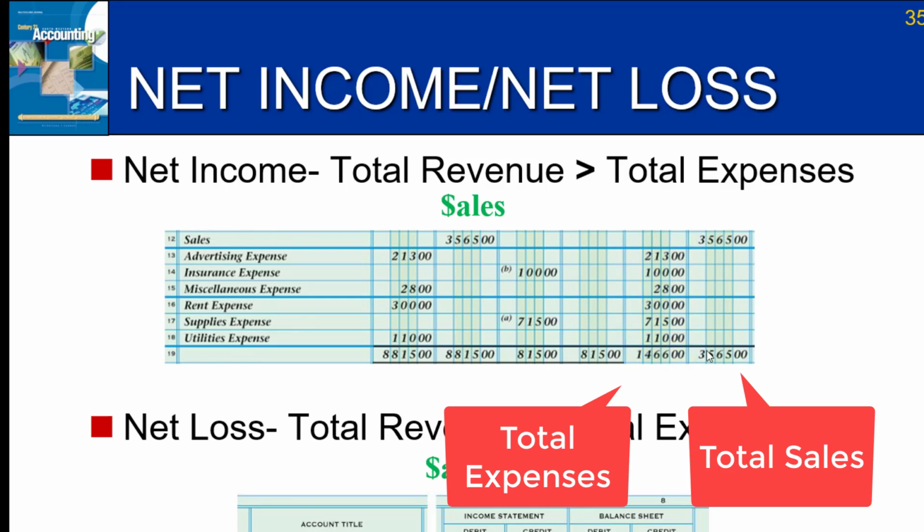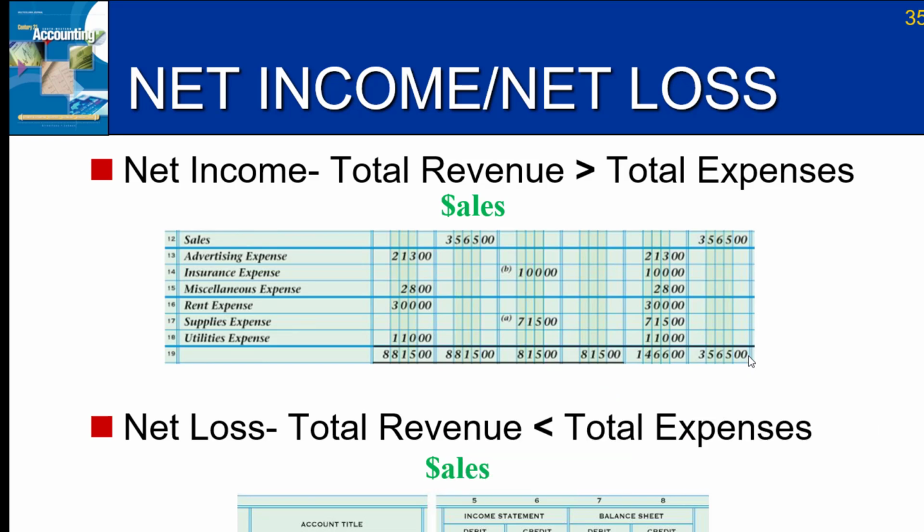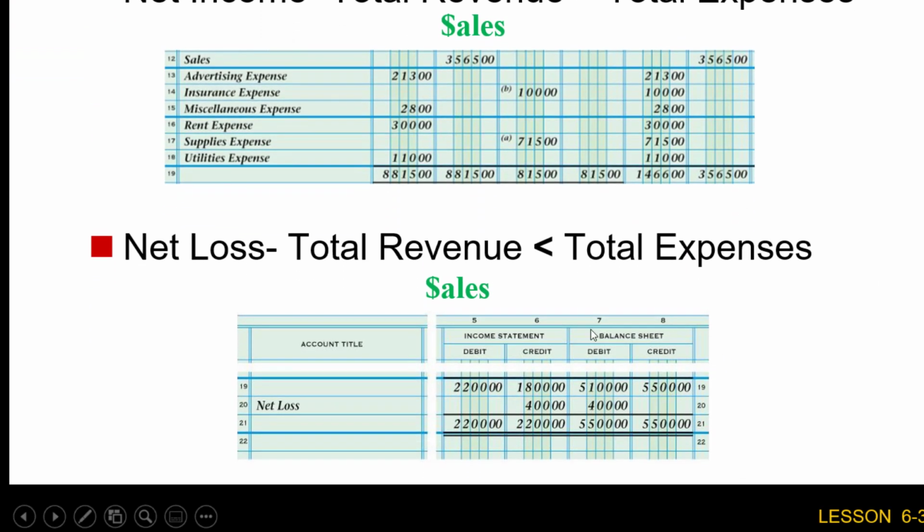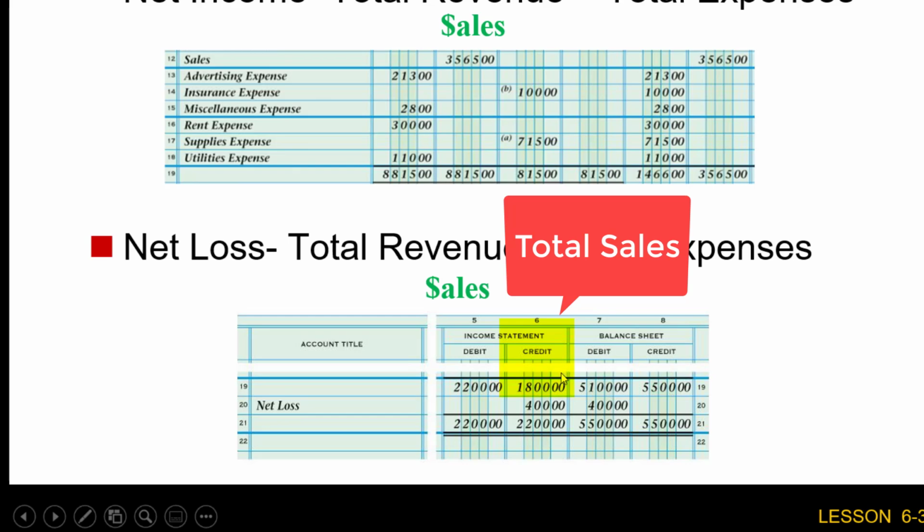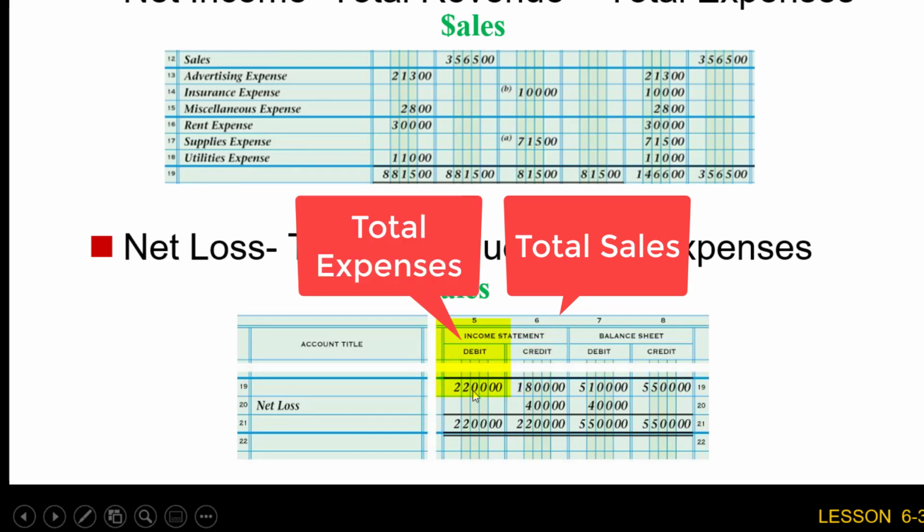So if my sales column is bigger, then I have a net income. If I have a net loss, if I take a look at my sales column, we'll see it right here. The sales credit was only $1,800, but my expenses were $2,200. So I have a net loss if my income statement credit column is smaller than my income statement debit column.